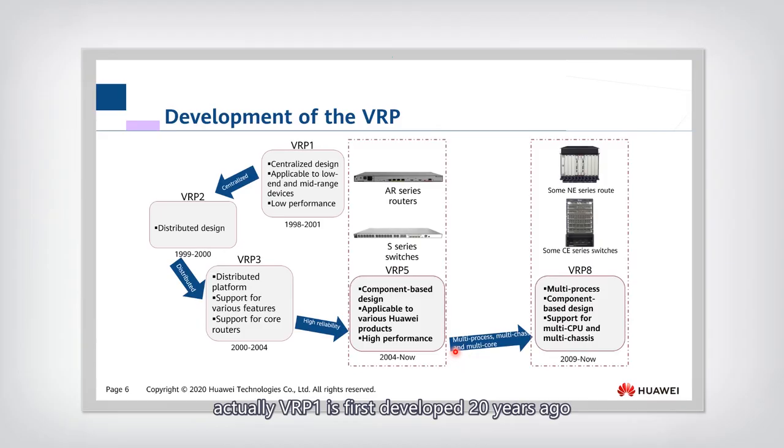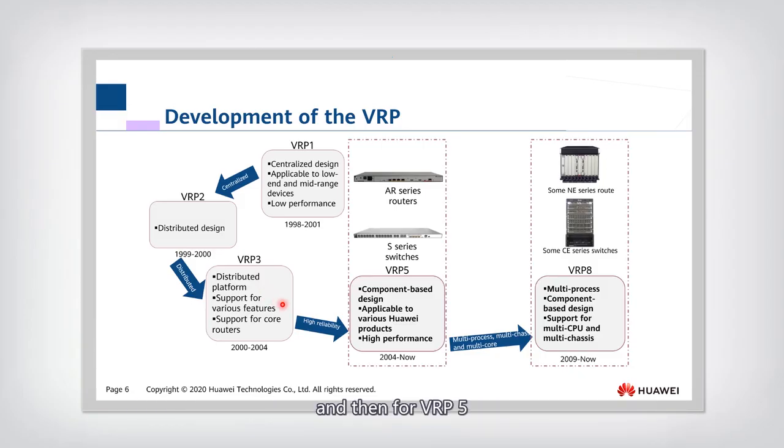Actually, VRP1 was first developed 20 years ago. At that time, it was a centralized design and only used for a limited number of devices and limited functions. Then VRP2 became a distributed design. And then VRP3 became a platform which can support a lot of different features.